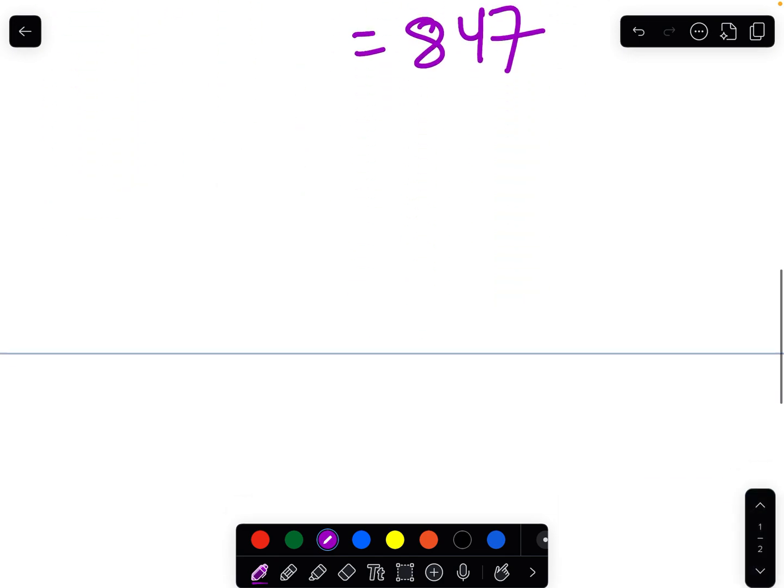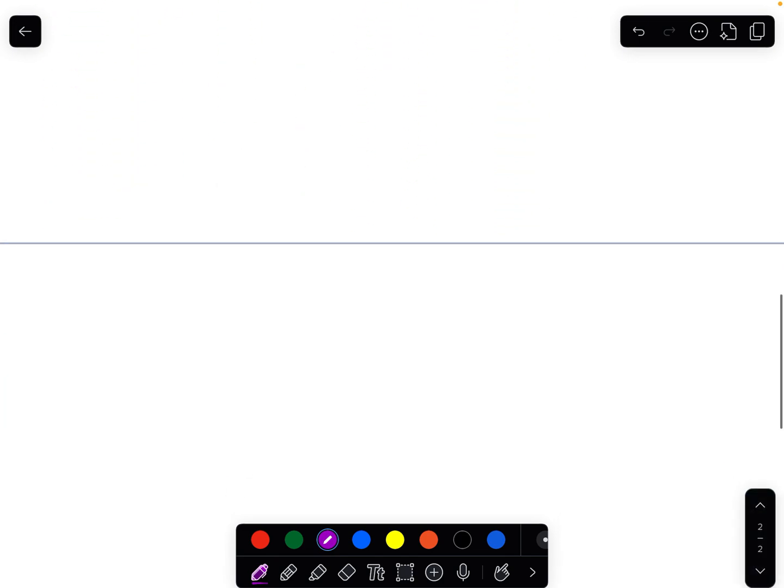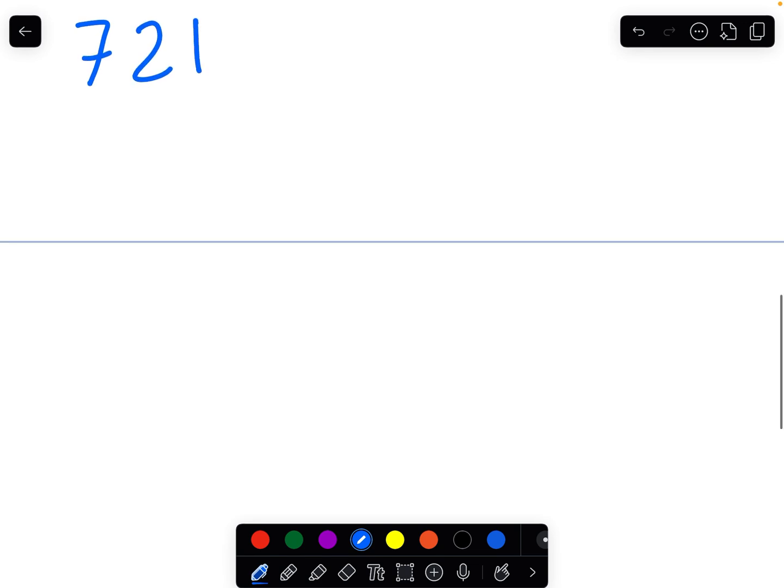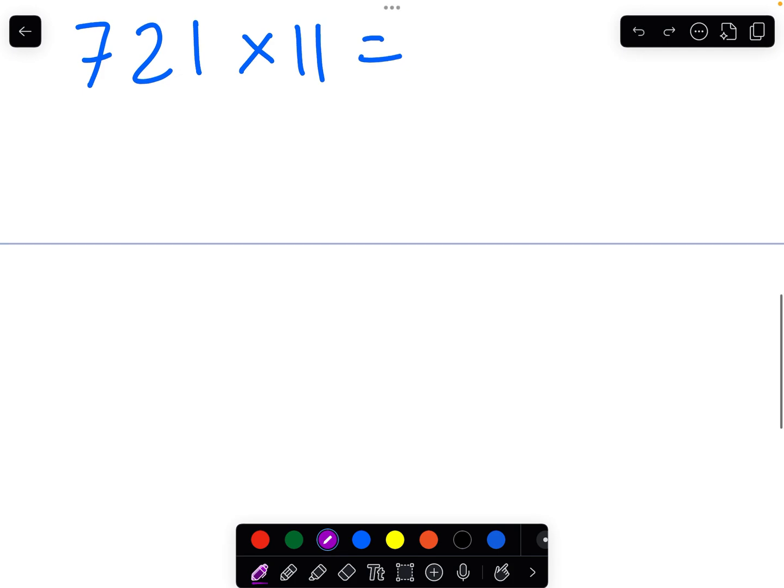Now, you can stick with this trick for two-digit numbers and have a lot of fun with it. If you want to get super exciting and take it to three digits and four digits, it still works. Let's say you have the number 721 times 11. We apply the same principles in a slightly different way. We're going to start with the first number, which is 7.